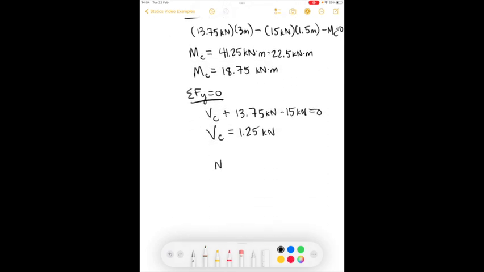So our final answer will be that the normal force is equal to 0. The shear is a positive shear at 1.25 kilonewtons, and the bending moment is a positive bending moment with a magnitude of 18.75 kilonewton meters.